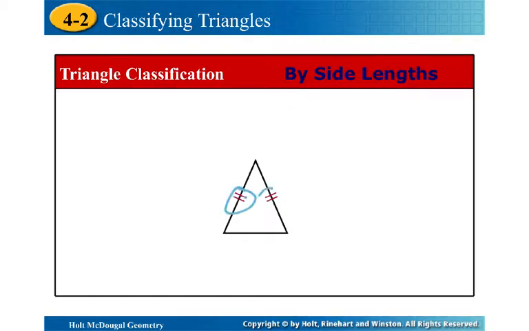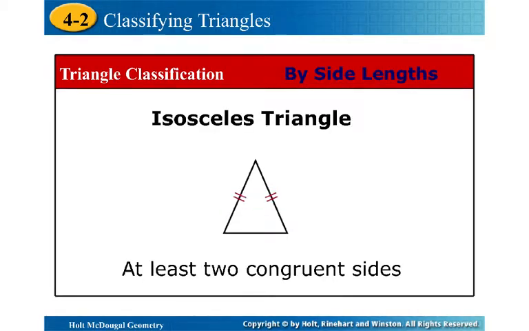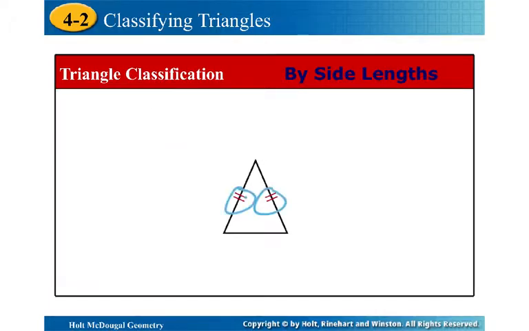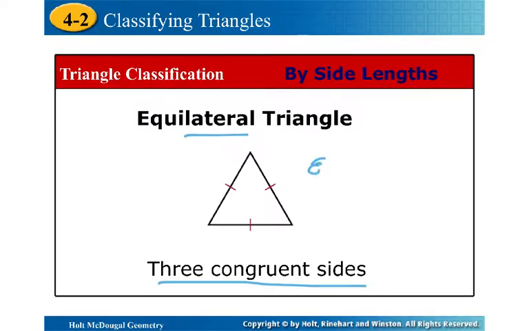As you can see, 2 of these sides are the same length, and so that goes with isosceles. Isosceles is a word that I tend to forget a lot, so I have to pause most of the time to remember what I'm trying to think of. So notice it says at least 2 congruent sides, and so it turns out that this previous one is isosceles as well. Wait, there's no extra C in there.